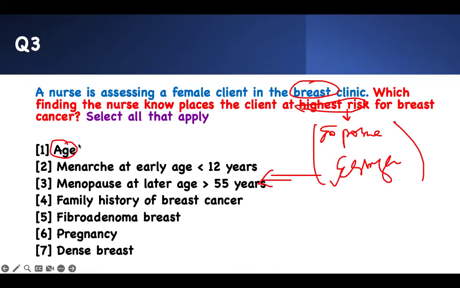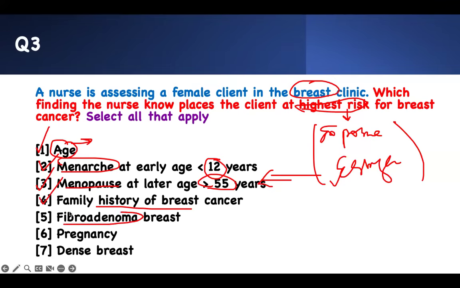Age: the older you get, the more you get exposed to estrogen. Menarche: if you have menarche late, like at 20 years old, that is good. But if you have your menses before 12 years old, that is bad, because you get exposed to estrogen for a long time. And if it takes you a long time to go into menopause, greater than 55 years, that is bad too. If you have a family history of breast cancer, you are at risk.